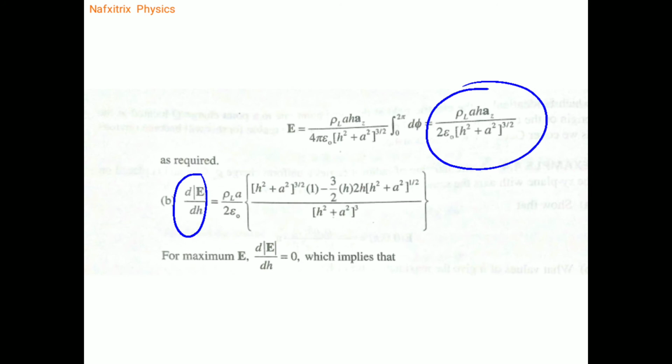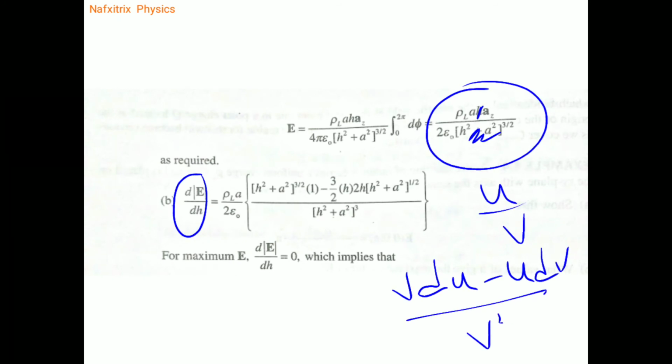So on differentiating, here in the numerator we are having h, and in the denominator also an h function is there. So it is just like u by v. So we need to use the formula v du minus u dv by v square on differentiating this term. So here rho l a by 2 epsilon naught is there.